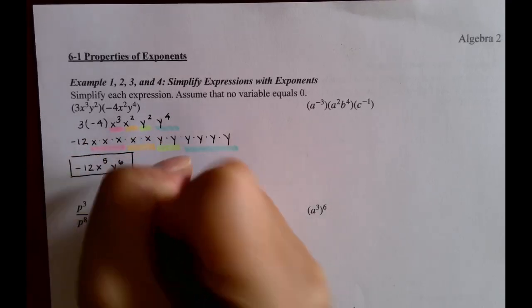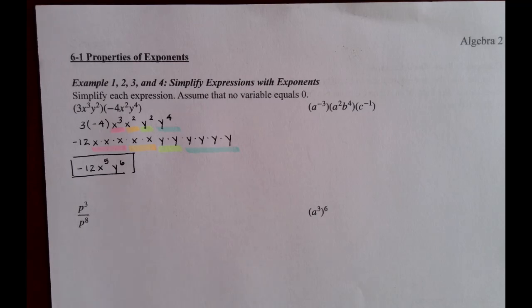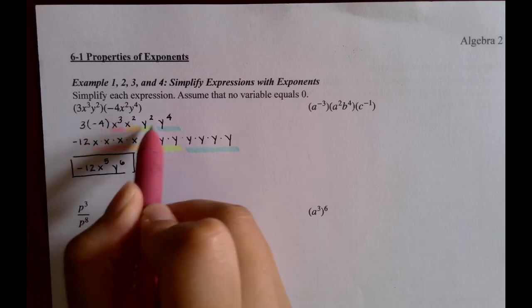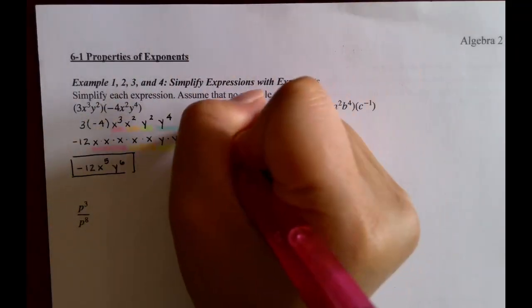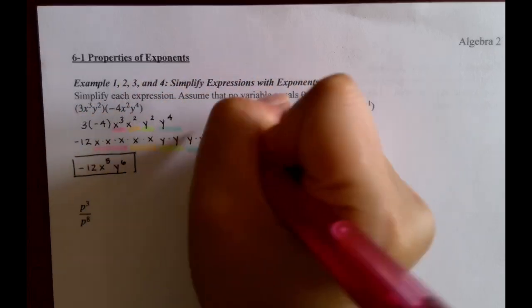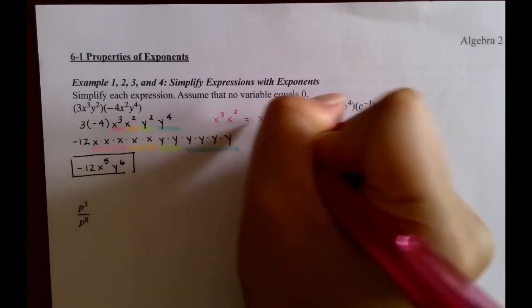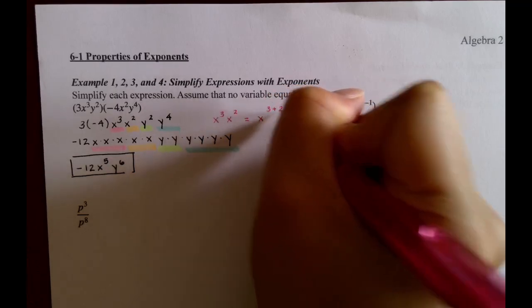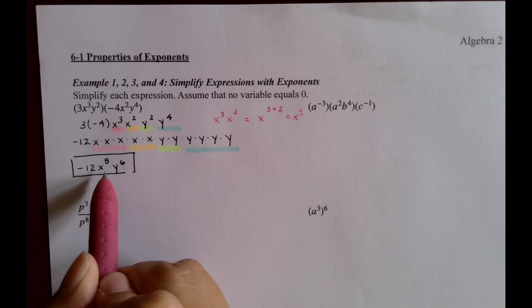Okay? And so what we learned from one of our properties is that we're multiplying bases with exponents. If their bases are the same, what we can do is that we can just add the exponents together, right? So here with the x to the third and my x squared, I can just add the exponents together and it becomes x to the fifth, which we see here, right?